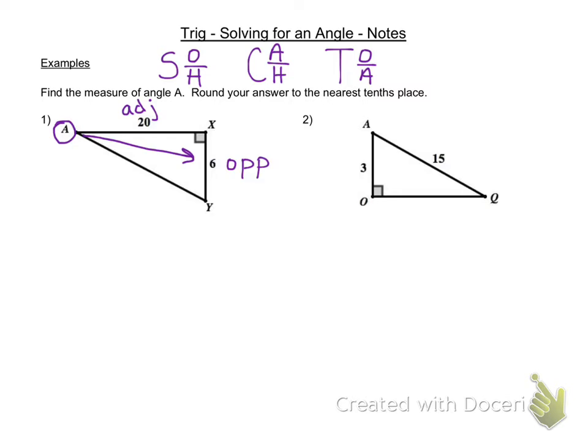So the trig ratio that uses opposite and adjacent is going to be tangent. So I'm going to write tangent of angle A is equal to opposite, which is 6, over our adjacent, which is 20.